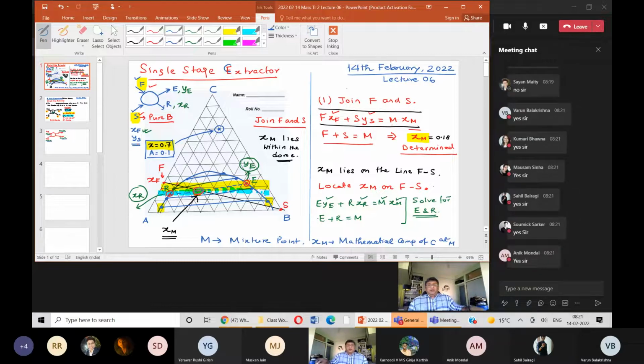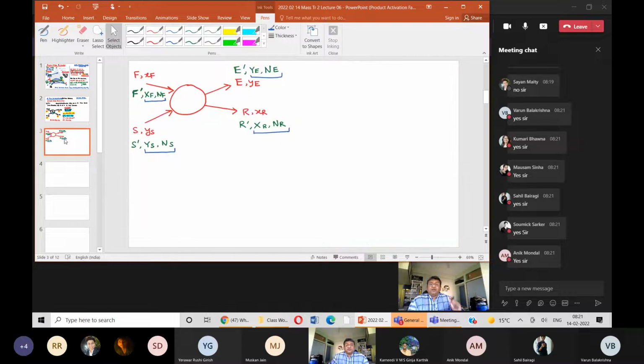Okay. So similarly, you need to know that for locating any point in any coordinate system, we need two of the compositions, two of the components. The compositions should be known. And we are going to use a rectangular graph paper. So every point, what we are going to define is the composition of C and composition of B on a B-free basis. This B-free basis is new.